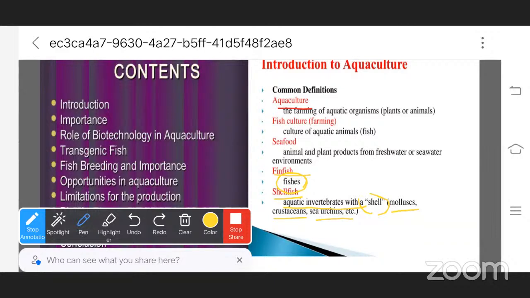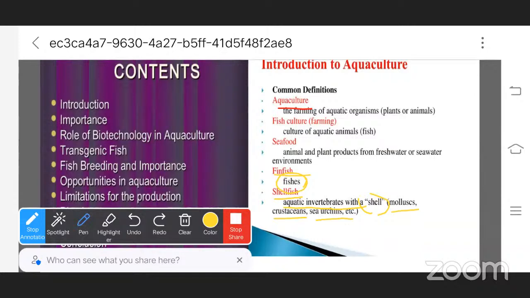In the past decades, in ancient times, these cultural practices were used only for food scarcity. Our ancient people used culture systems for rearing and culturing because of their food scarcity.